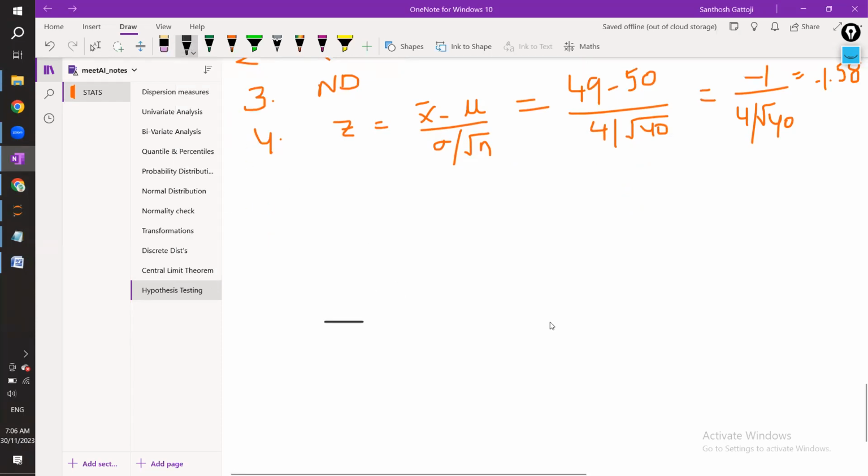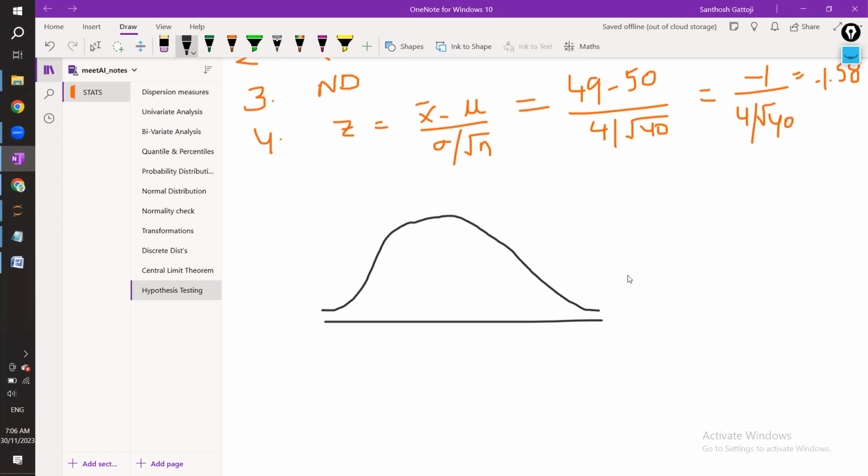If our distribution is somewhat like this, we need to consider a two-tailed test, right? So this will be one side, and the other side.